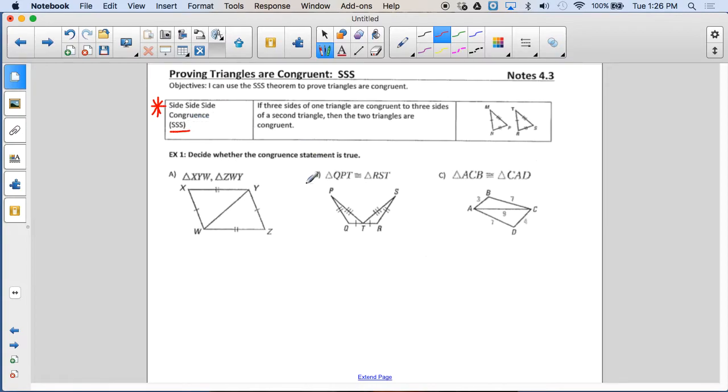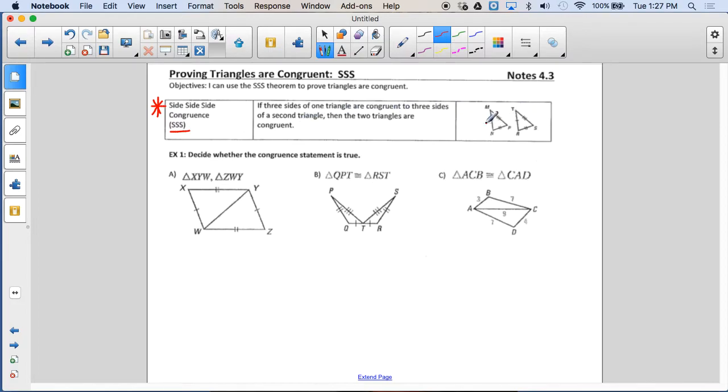The one we're going to learn today is called SSS, and it stands for side, side, side. This shortcut says, if you have 3 sides of one triangle congruent to 3 sides of a second triangle, then they're congruent. So let's look at the example here.